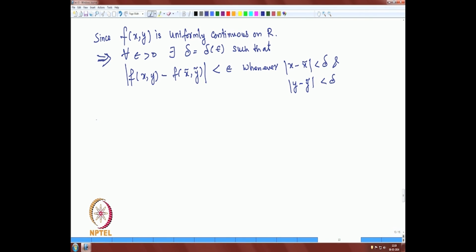Now, what we do is divide the interval on which we are looking for a solution, x0 to x0 plus h, into n parts.